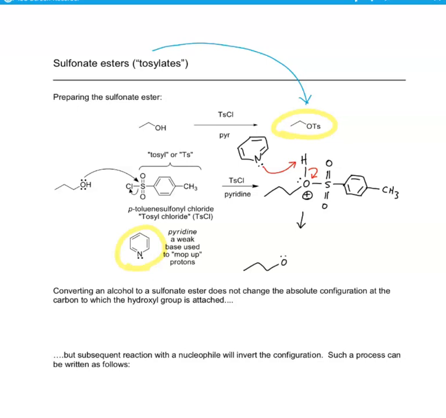So then we end up with a neutral compound, and all of this in the yellow box is the leaving group. This is OTs. So that's the mechanism of how you would form the tosylate or sulfonate ester.